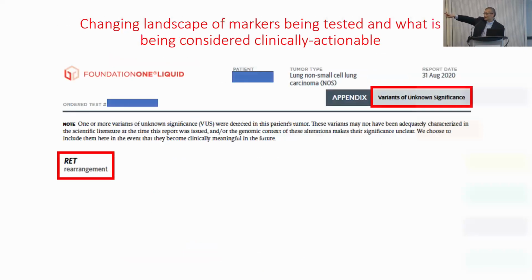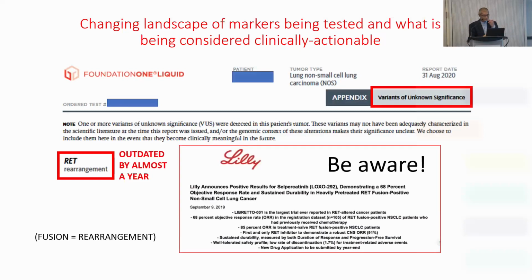And up on top, right, you see variants of unknown significance. It was stuck in the, we don't know what this means category. 9 months later, in the meantime, right, RET rearrangements, if they are considered functional, there are drugs available. One of the drugs is selpercatinib. Right, there are other drugs as well, but that was the one that we had access to at that time, right?